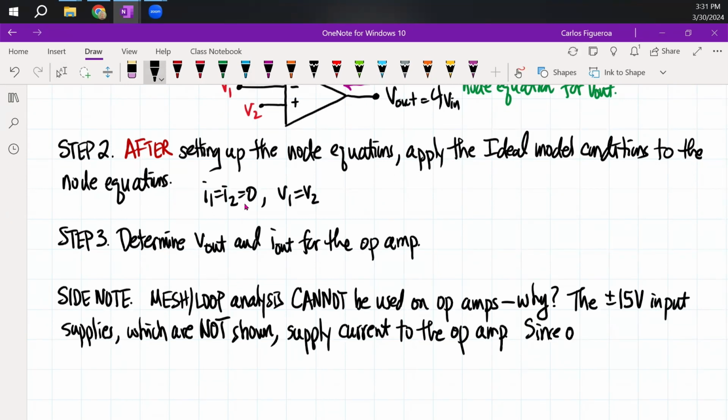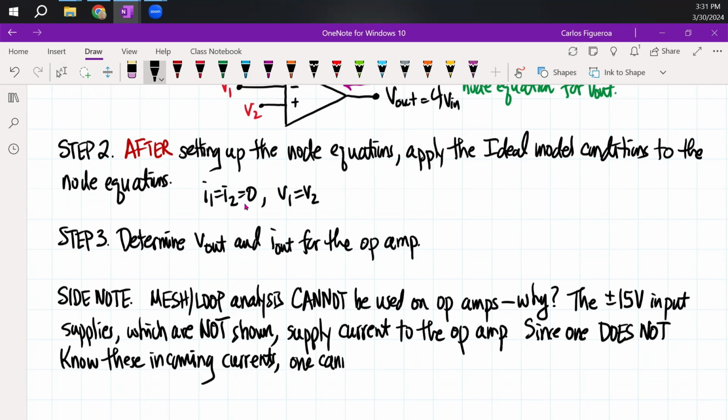Since one does not know these incoming currents, one cannot account for all of the currents in the circuit.